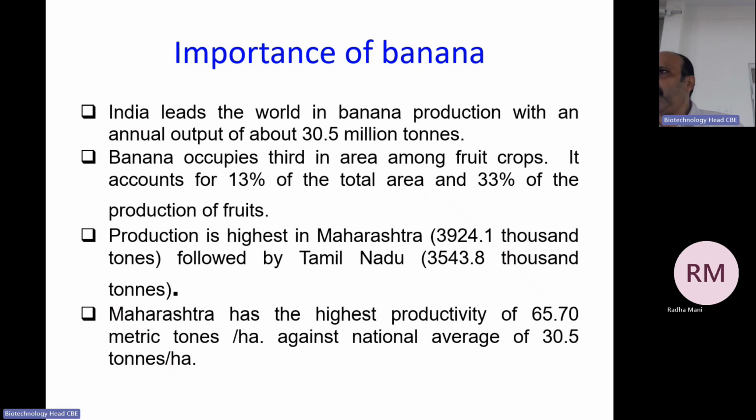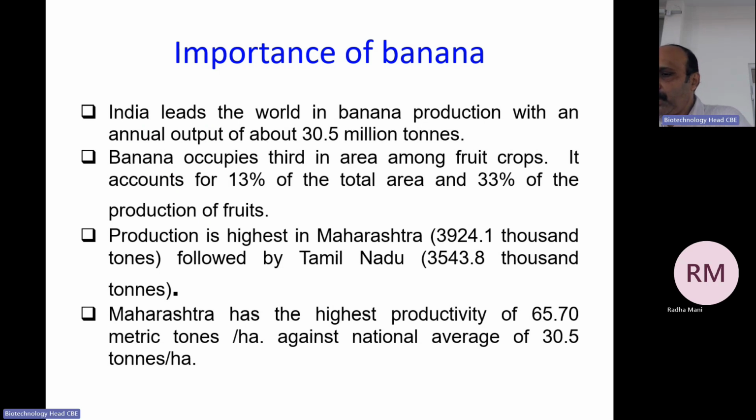China produces around 10 or 12 million tons, but India produces 30 million tons, and the majority of it is consumed internally, not exported. Very little is exported, and banana occupies one third of all the area among fruit crops. Much of the area is occupied by banana.